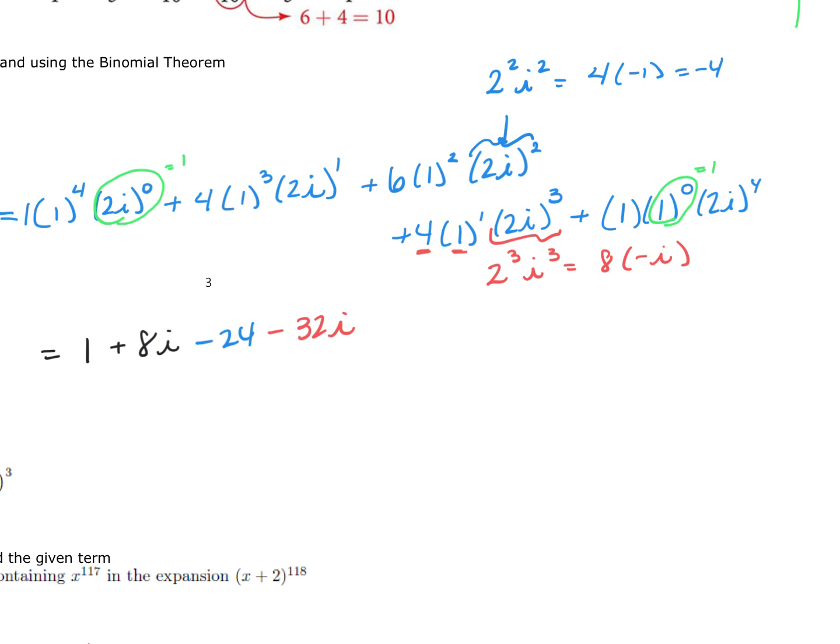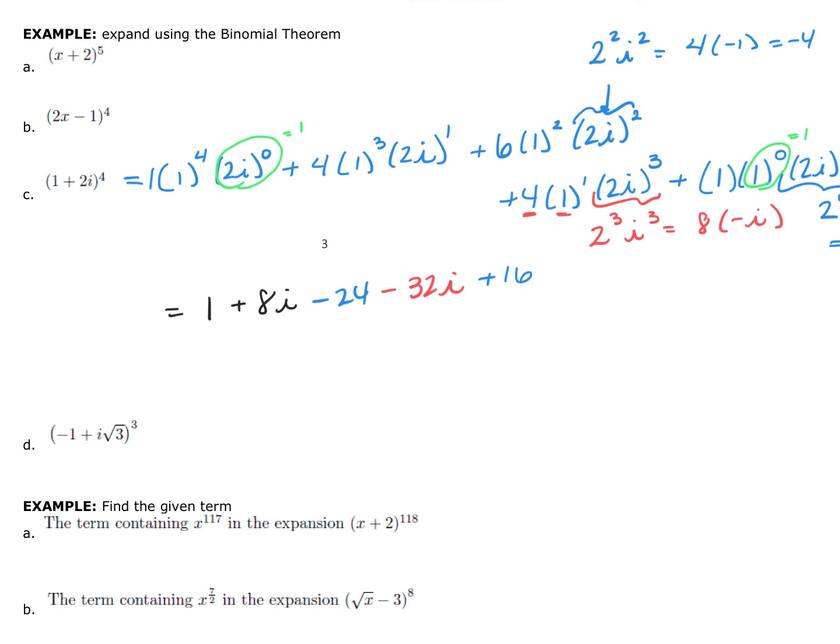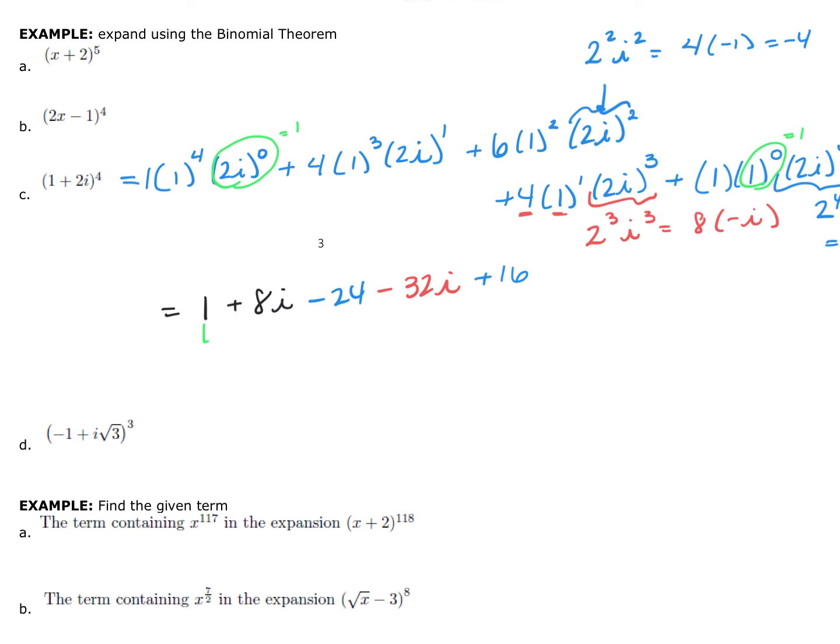Lastly, I have this last one right here. This is 2 to the 4th, i to the 4th. 2 to the 4th is 16, i to the 4th is 1, so plus 16. I need to combine up all of my real parts. So I need to combine up negative 24 and positive 16.